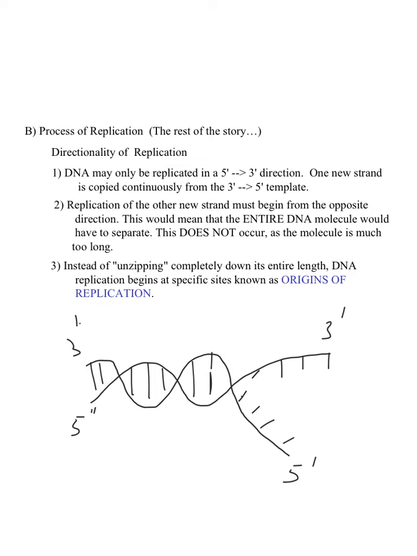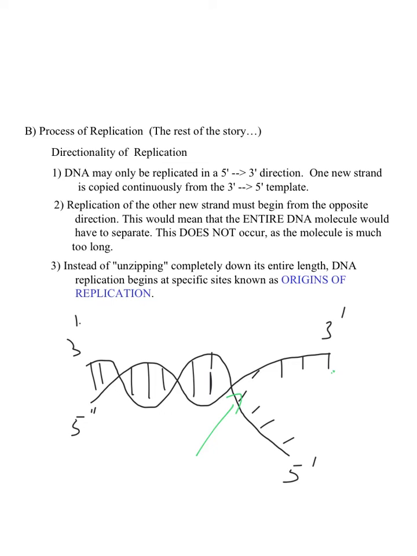So instead of unzipping completely down its entire length, DNA will begin to unzip at specific sites known as origins of replication. You would see one right here. The rest of the molecule is still more or less intact, but it's unzipped at this point. So DNA replication can occur here at this location.